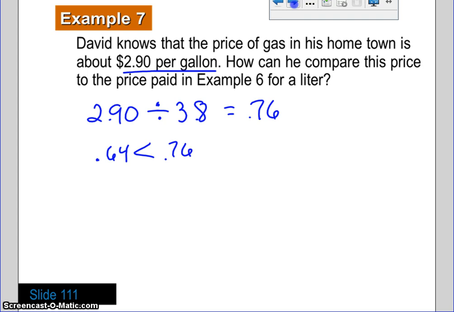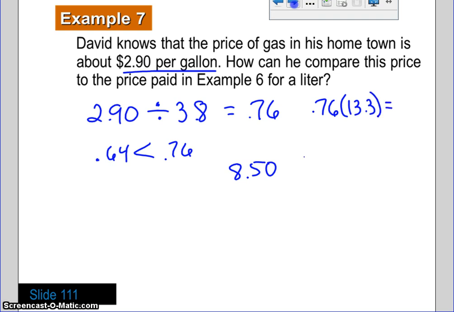So we already know that gas is actually less expensive in Mexico, but let's see what the price difference is. We know that it was 8.50 pesos in Mexico because we already did that conversion. So let's see if we take the 0.76 and multiply it by the 13.3 pesos.